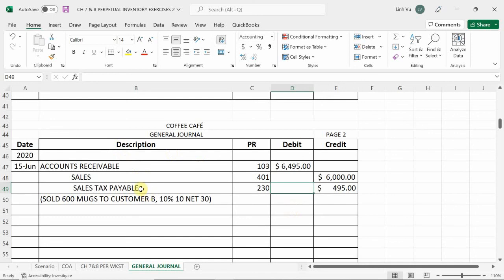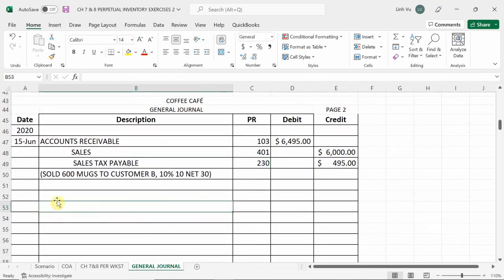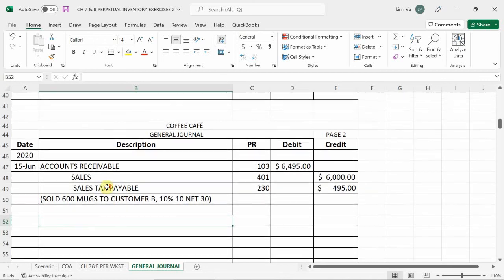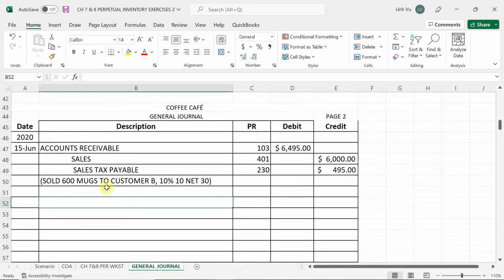All right. So now that I sold to customer B, what do I need to do to record this adjustment on my inventory? You're going to go into mugs. Yes, you're going to take away from mugs, and what else?